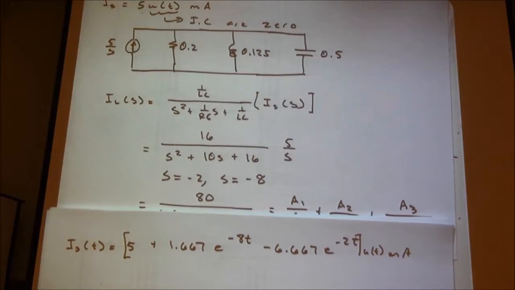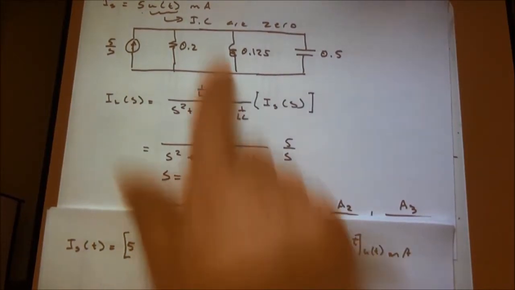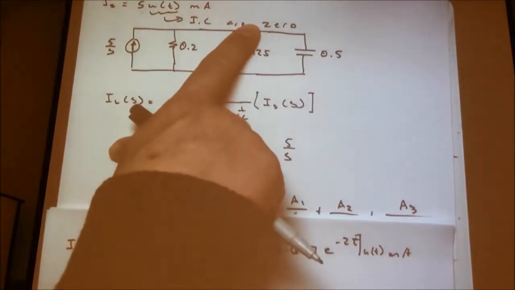What else should we check? One other thing we should look at. The other limit. What's our other limit? At t equals 0. There's our initial condition. By observation, what do we say our initial conditions are? They're 0.